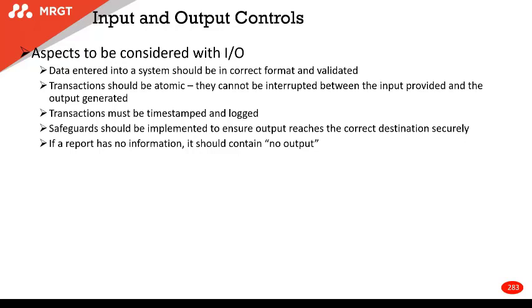More on this, we should also control the input and output produced by the system. In terms of inputs, we have to make sure that the input being taken by the system is properly validated first. Input validation we will talk about in domain 8 as well, in application security.